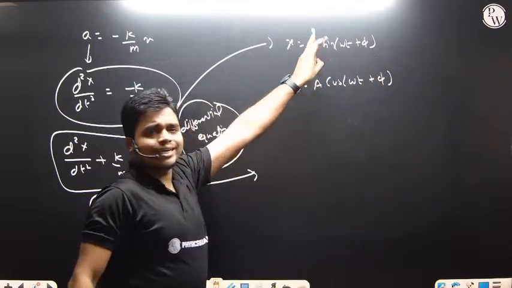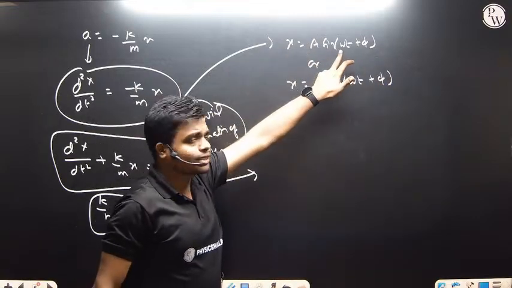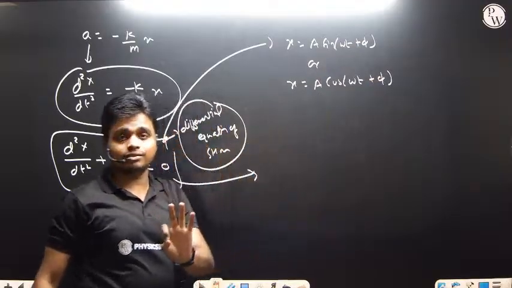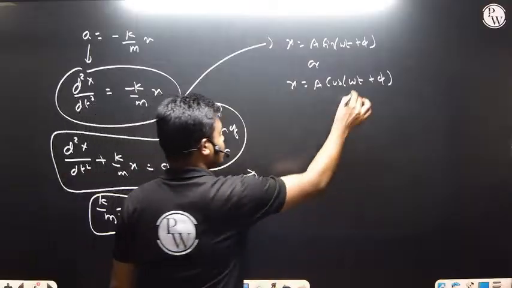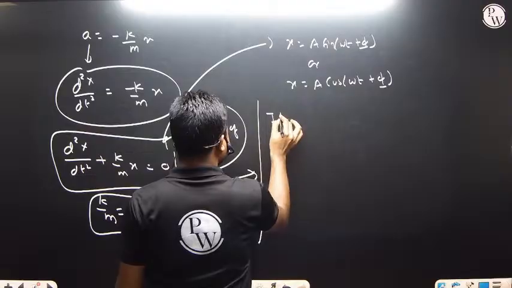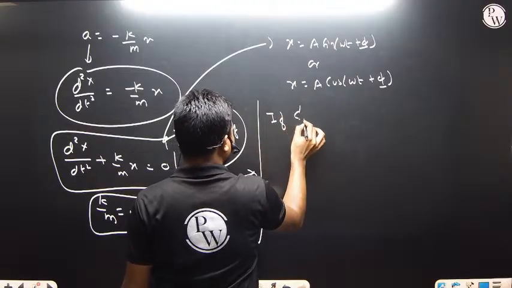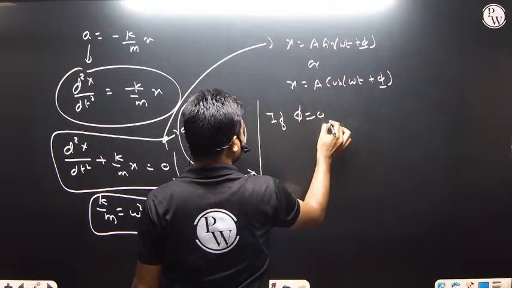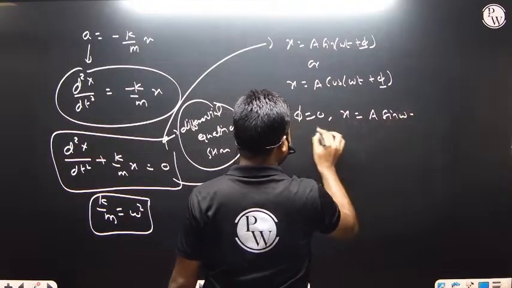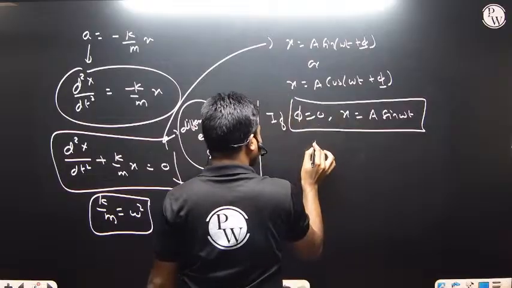And what is a here? A is the amplitude, omega is the angular frequency as we know, t is the time, and phi is the initial phase; we'll be discussing what phase is over here. So for example, if phi equals 0 and we use x equals a sine omega t, it means the particle starts from the mean position.